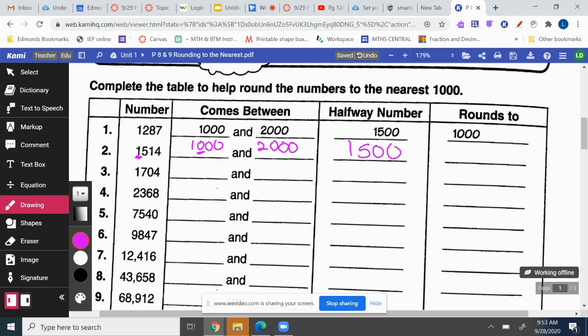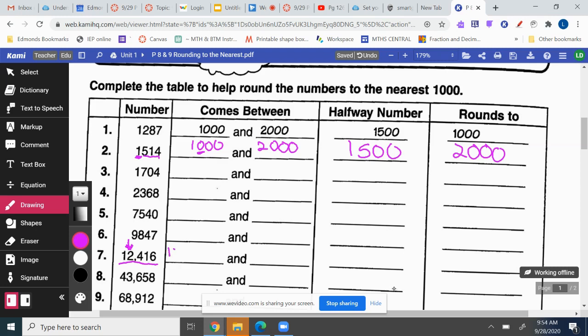So what they want you to see is that if this original number is more than this number, we round to the higher number. If it's less than that number, we round to the lower number. So this would be 2,000. Let's try it with one of our larger numbers, like number 7. So again, we're looking to the nearest 1,000.